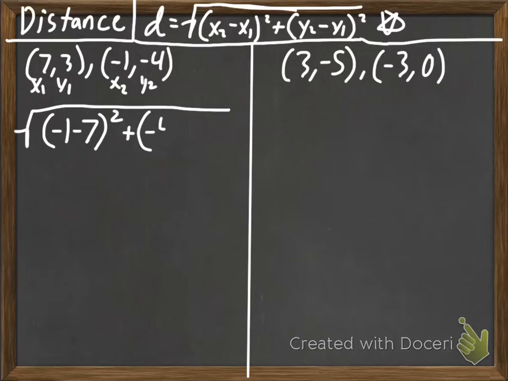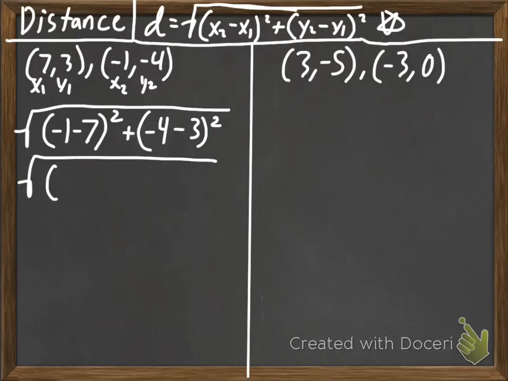So we're going to do negative 4 minus 3 squared. The reason we're squaring it here, this comes from the Pythagorean theorem, which you'll learn later. So when we get to that, we'll talk about it a bit more. So that's why this square comes in. And the square root also comes in. So we'll learn about it more later. Right now, let's just get this going.